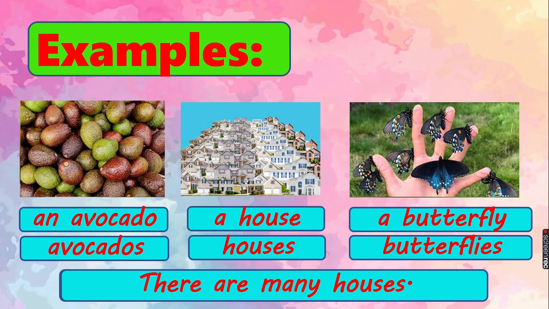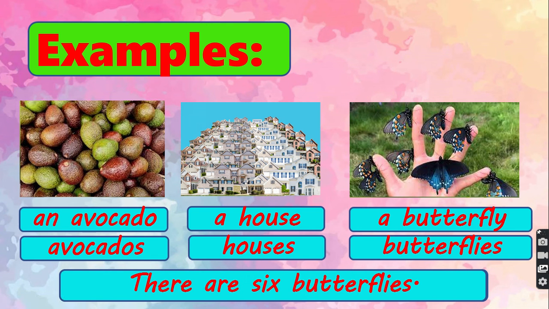We do not say there is many houses. We can say there is a house. If we use the word houses, we say are. There are houses. There are many houses. There are some houses.